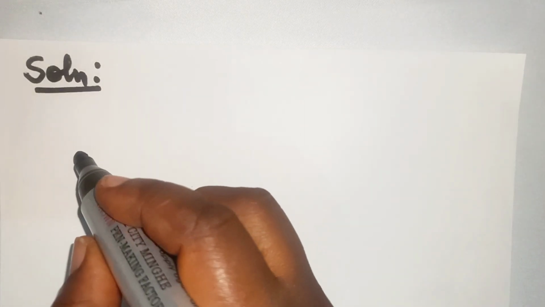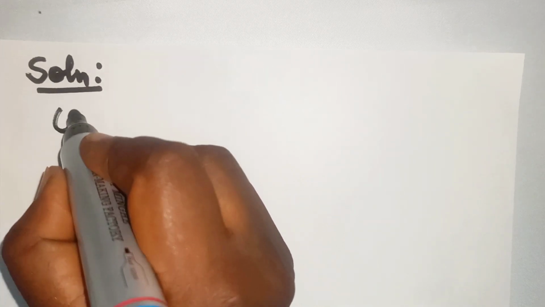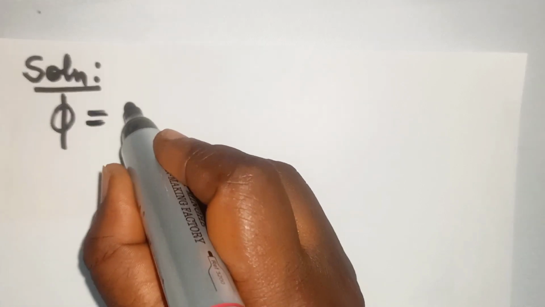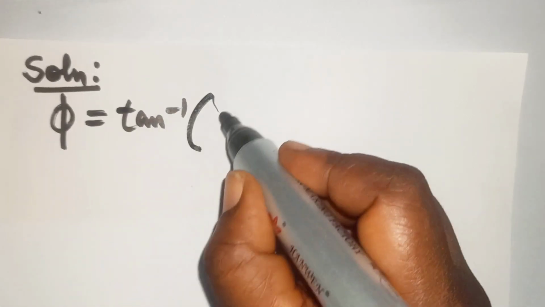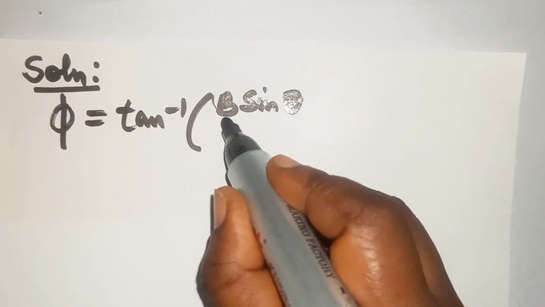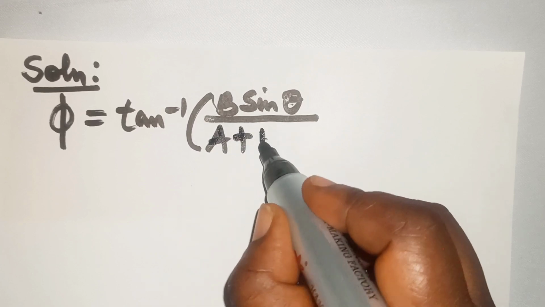Solution. From the triangle law of vector addition, the angle phi is given by arctan of B sine theta divided by A plus B cos theta.